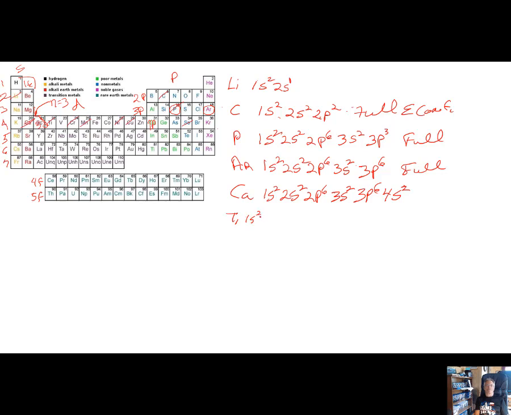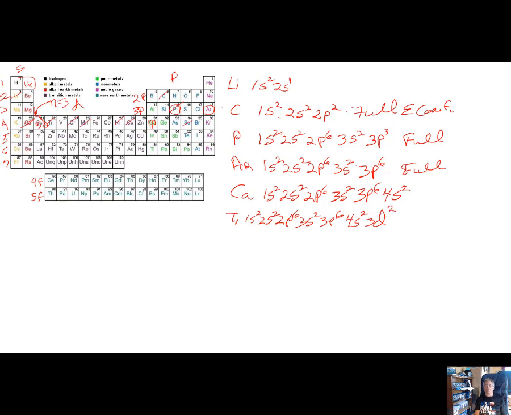That's 1s2, 2s2, 2p6, 3s2, 3p6, and then we go to 4s2 and then 3d, and we have to count over for titanium. That's 1, 2, so that gives us 3d2.